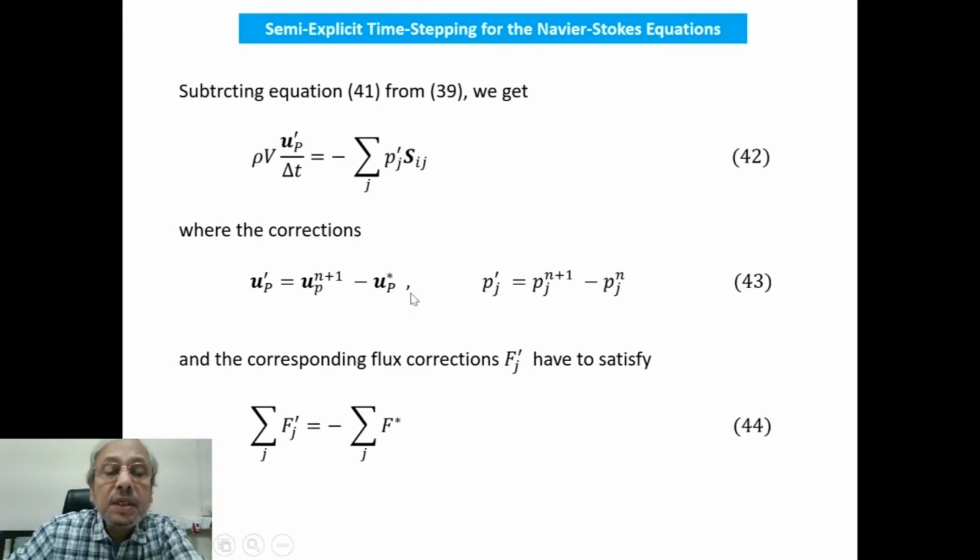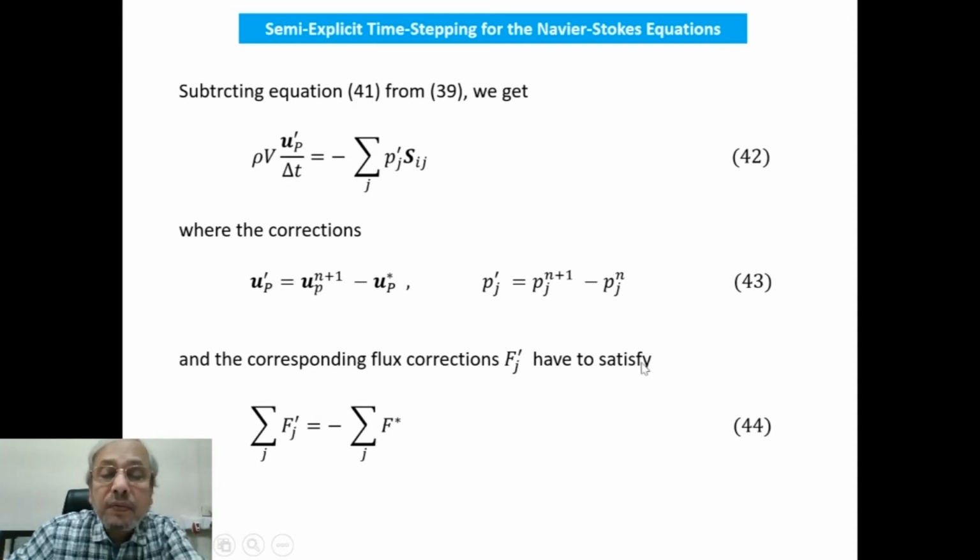Since if we use the provisional velocities, the mass flux will not satisfy the continuity equation, we need to correct it.